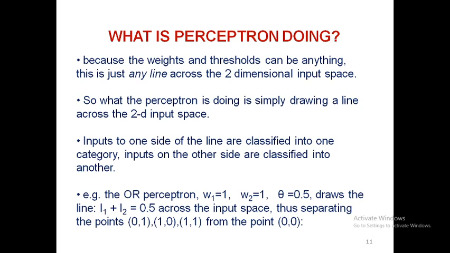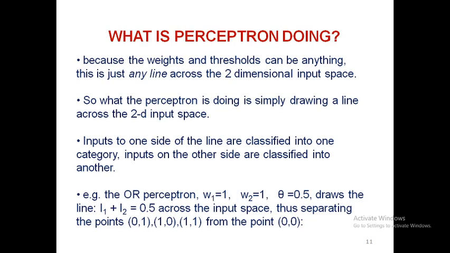So by providing the first three points as inputs, the neuron will fire, and by providing the 0,0 point, the neuron does not fire. The first three points will fire the neuron, and the rest do not.